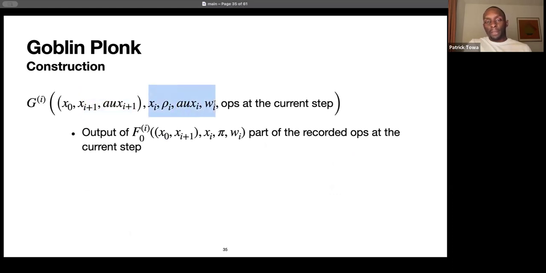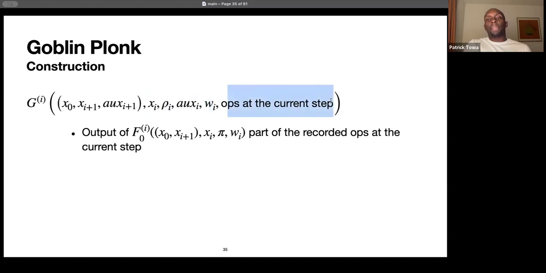And what it gets as private input, as advice, is the previous output, the string computed from the previous proof, the auxiliary information that came from that proof, and a witness that x_{i+1} really comes from x_i.